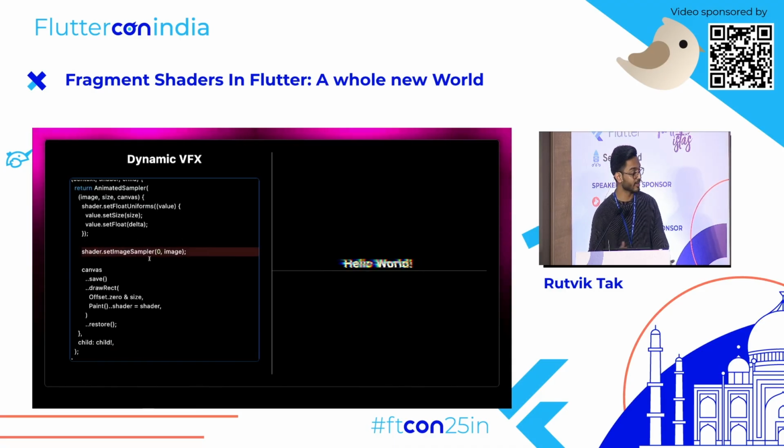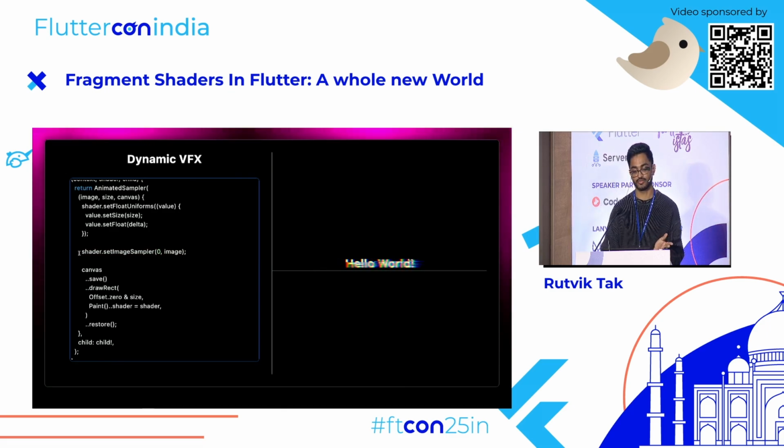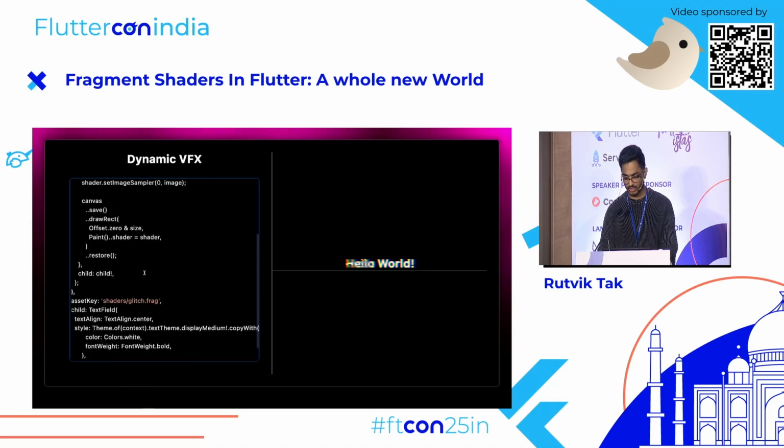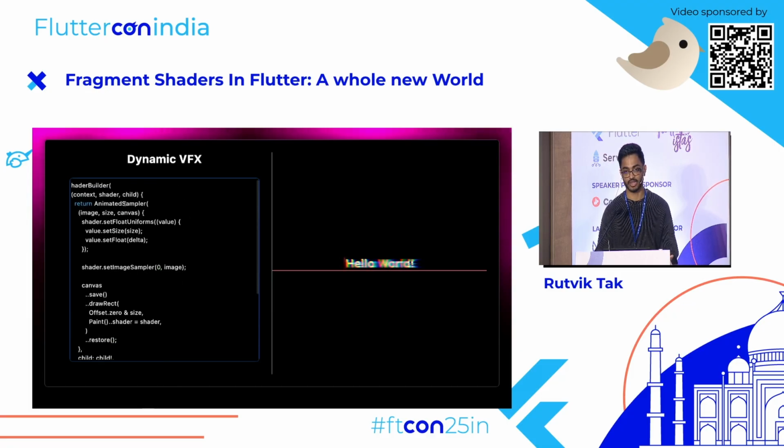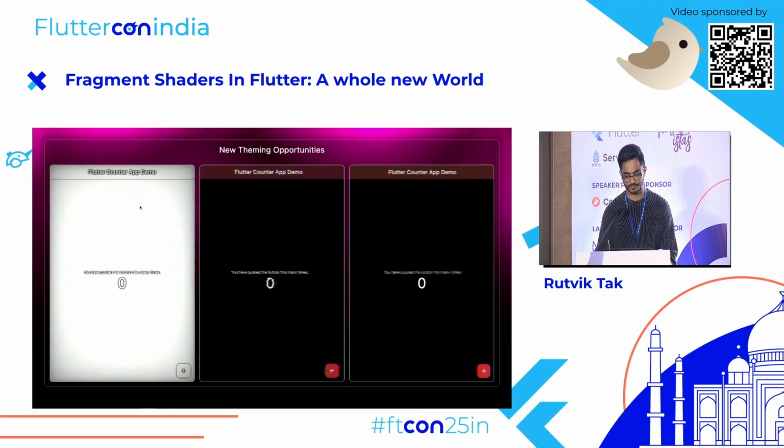And then you can send image objects as inputs to the shader, as I explained, through the set image sampler API. And basically, we are telling the canvas to show whatever the shader is outputting here. So that's how you can work with dynamic UIs and shaders in Flutter through this animated sampler API.